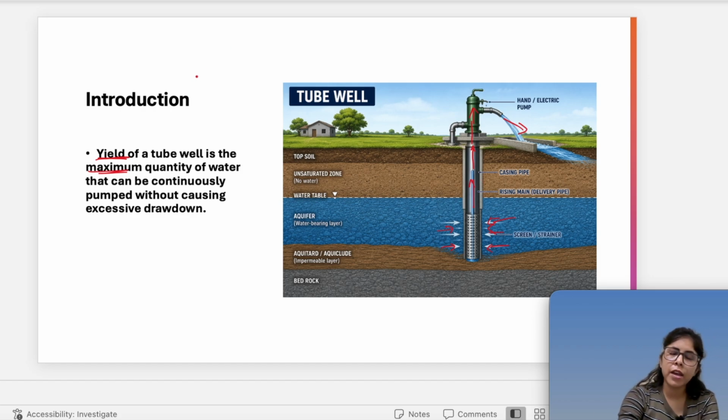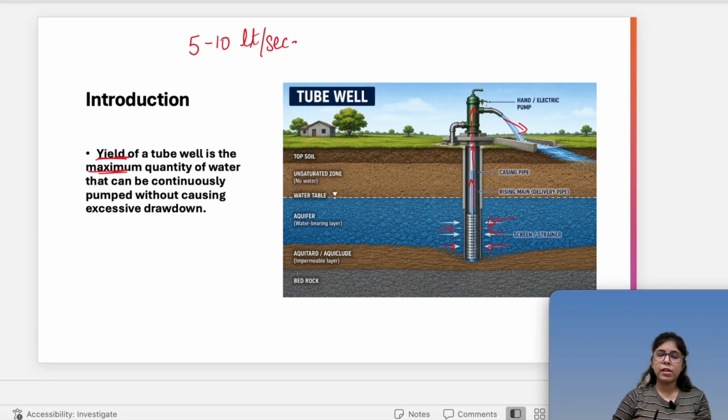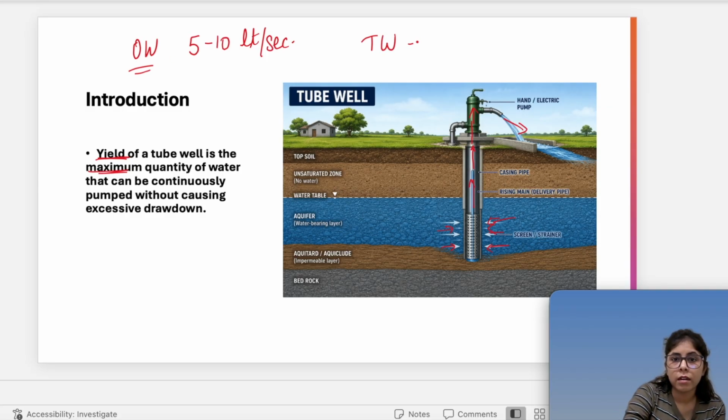If I compare it with an open well, an open well gives a discharge of about 5 to 10 liters per second. But for a tube well, the discharge is around 200 to 220 liters per second.